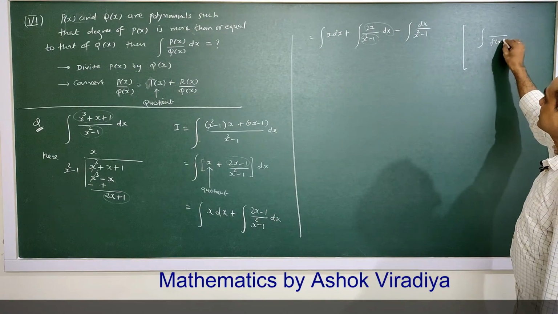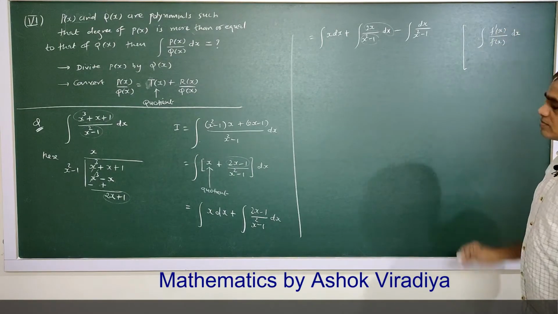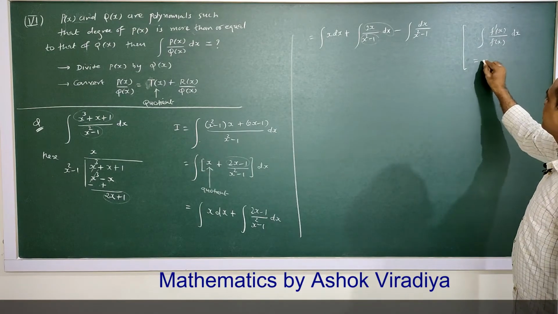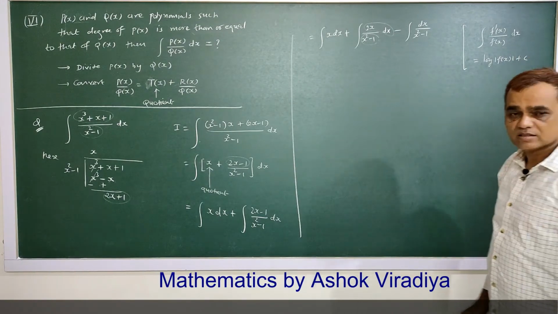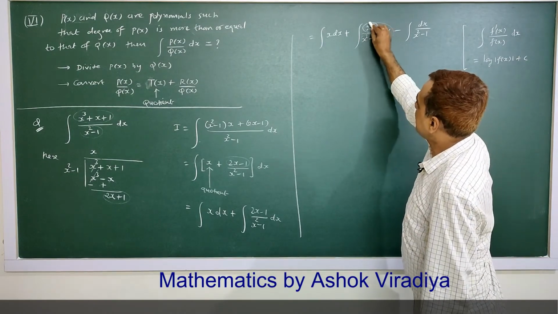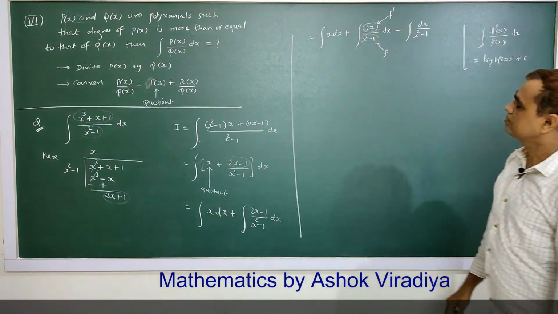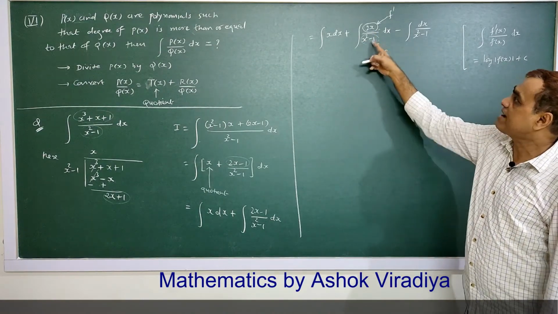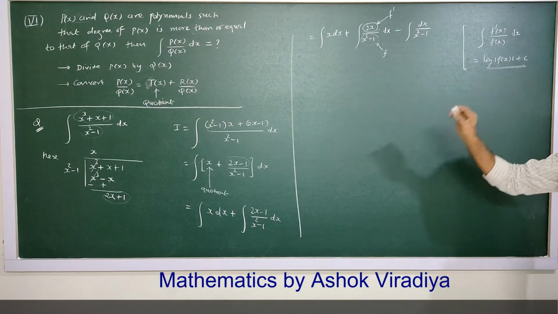When denominator is fx, numerator is f dash x, numerator is a derivative of a denominator, then its integral is log of modulus fx plus c. So if this is f, this is f dash. x square minus 1, its derivative is 2x.